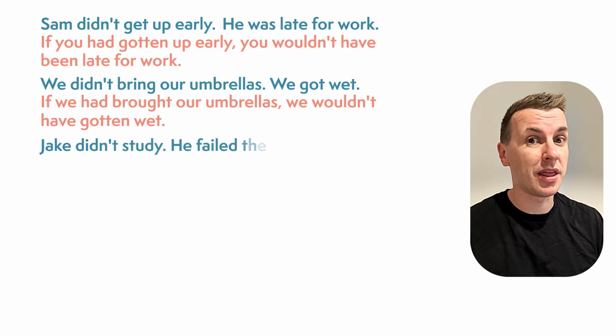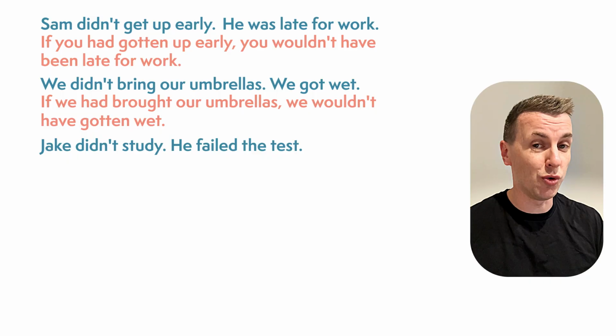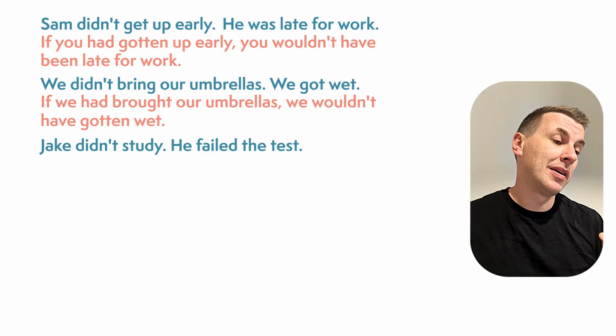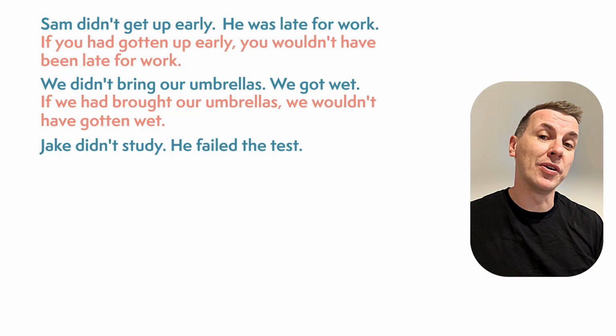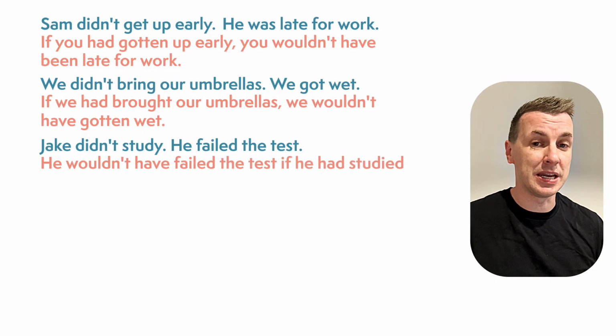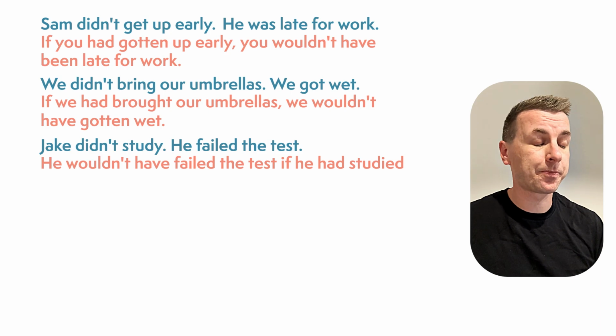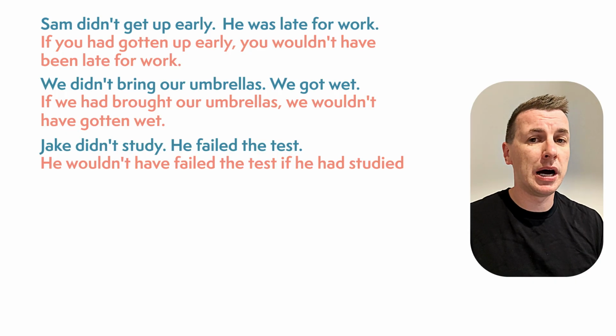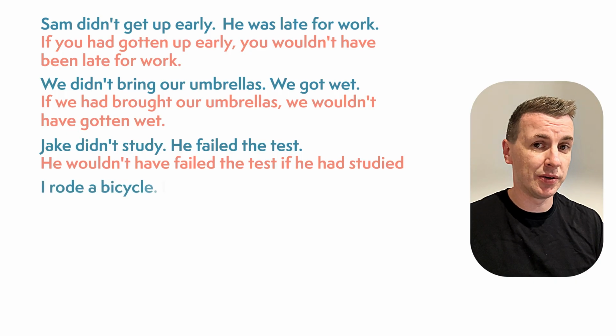Brought in, funny. Number 3, Jake didn't study. He failed the test. So what do we say? Pause if necessary. He wouldn't have failed the test if he had studied. Okay? Let's move on. The next sentence. I rode the bicycle.